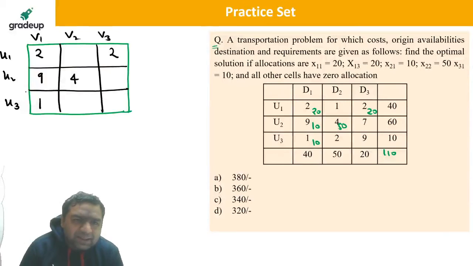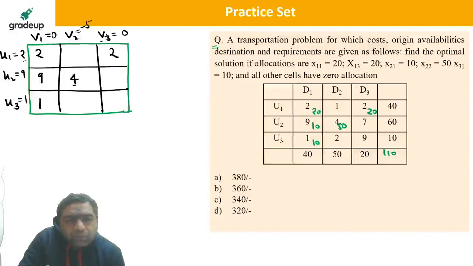So we have written the Cij's and you need to assume one thing. Let us assume U1 to be 0 or let us assume V1 to be 0. When you assume V1 as 0, U1 you will get as 2, U2 9 and U3 1. So if U2 is 9, here you are having 4, V2 will be minus 5. If U1 is 2, V3 you will get 0.